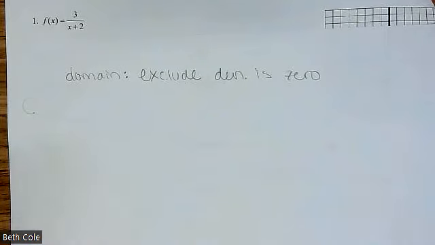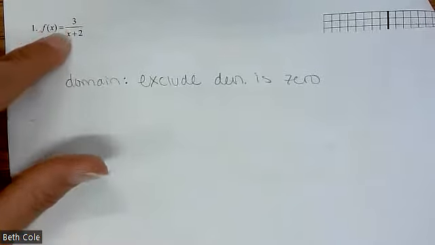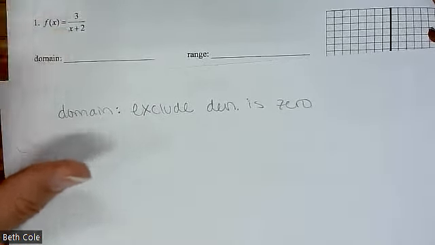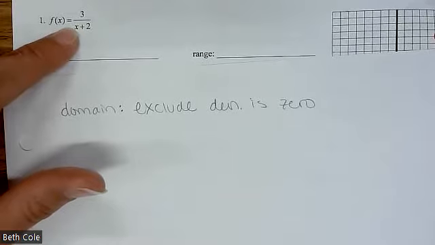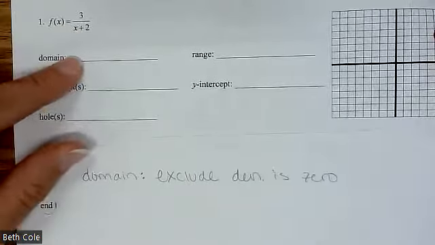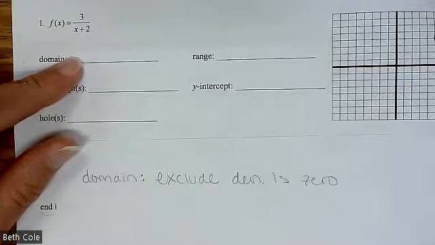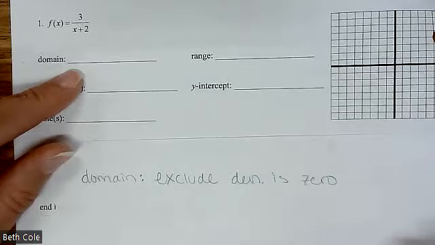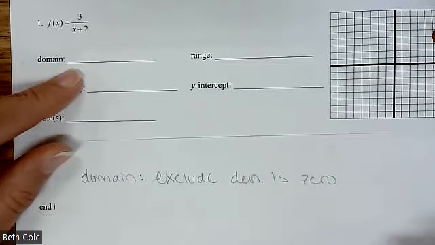Okay, so let's apply that to this problem. Who is not invited to the domain party? -2 is a troublemaker. Kick him out. Do you get why we picked -2? Because +2 would be 0. So how do we write that though, that we want to kick out -2? It involves some parentheses. There is going to be a union in it. You did this on the Unit 2 test.